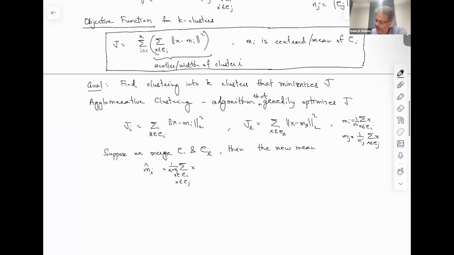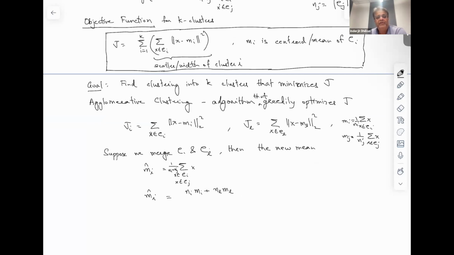But I can also write it in terms of Mi and Ml. So let me write it out first. Ni Mi plus Nl Ml.